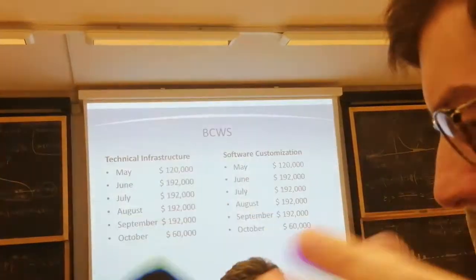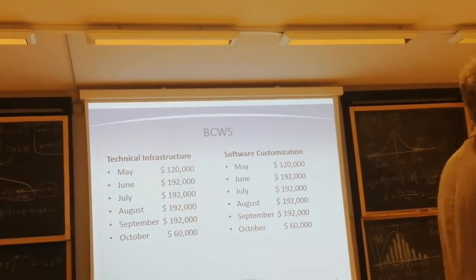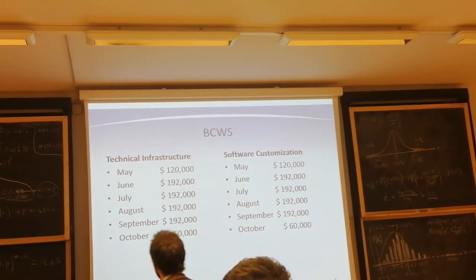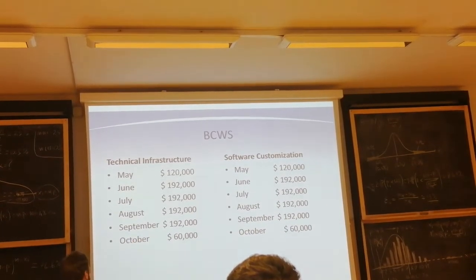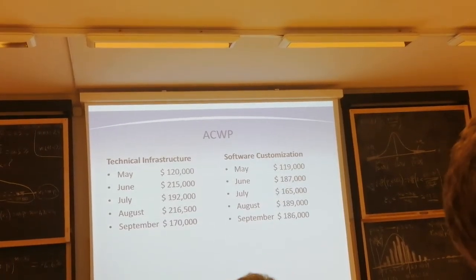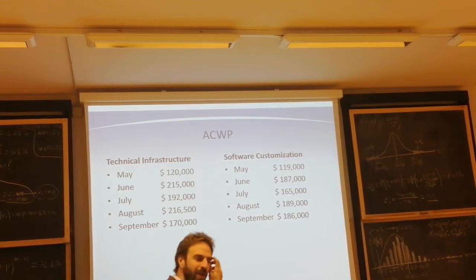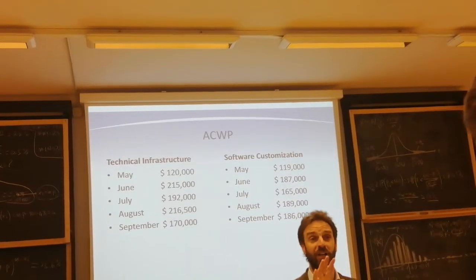So the question is that now we are end of September, and what you get at the end of September is this. At the end of September, you're the consultant, right?